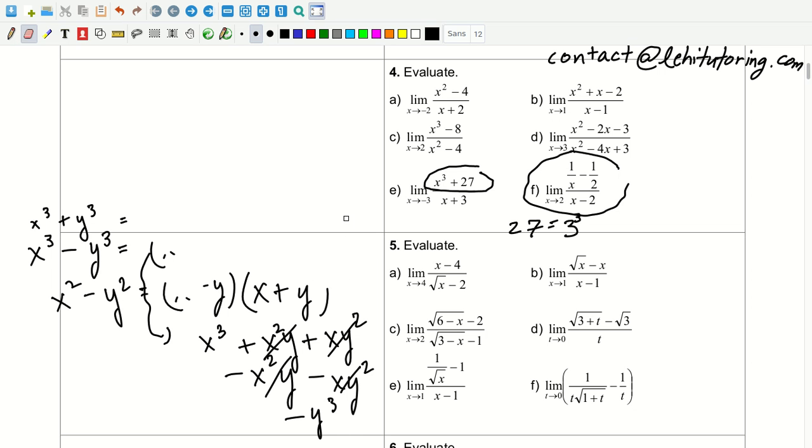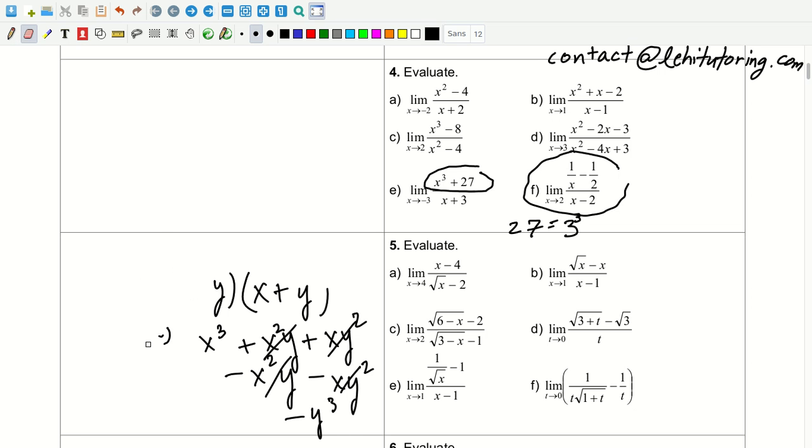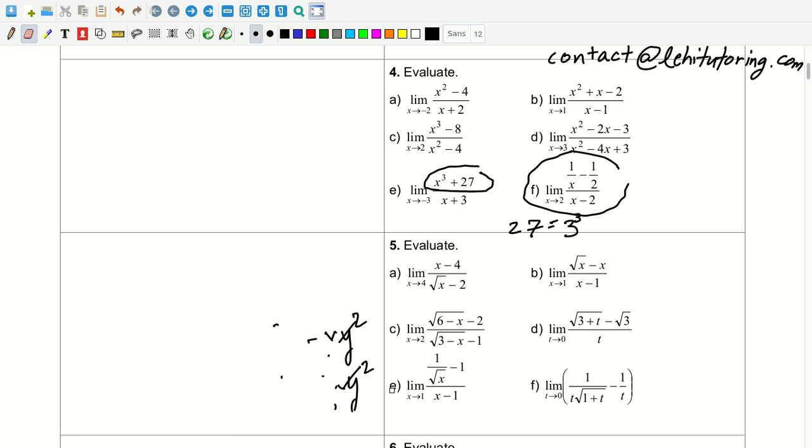What's even more fun, though, in my opinion, is conjugation, the conjugate method. So the conjugate method involves rational functions, when you have functions that are quotients and you have square roots inside. So if you notice on the right side, you've got a bunch of square roots.